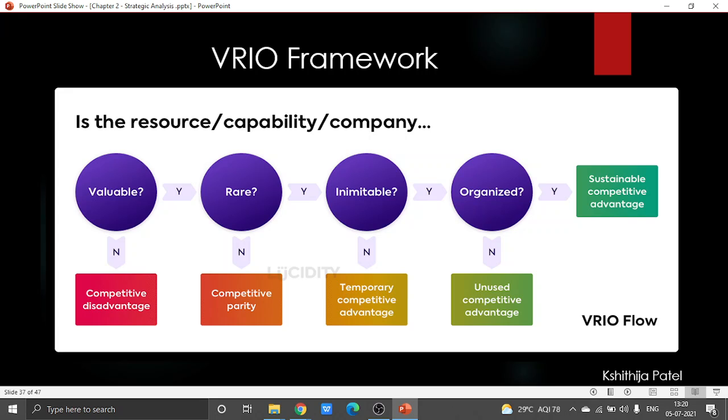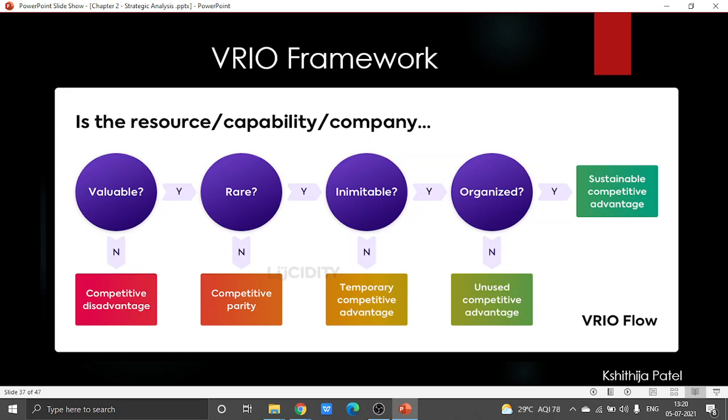V stands for valuable here. R stands for rare. I stands for inimitable, and O stands for organized. I shall repeat it once again. V stands for valuable, where it asks whether the resources are valuable.